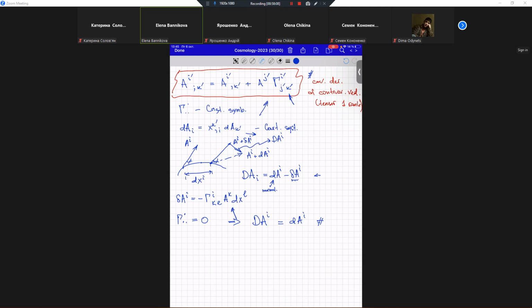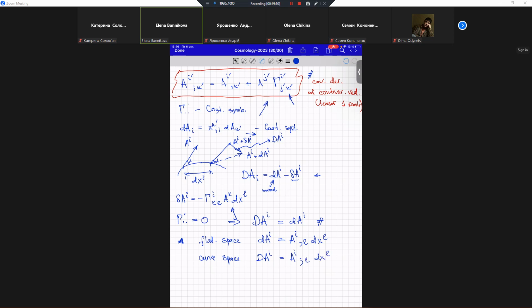If we now come back to the definition for flat space, we know that dA_i equals A_i,l dx^l. Curved space: you can see that now I put a big D, DA_i equals A_i;l dx^l.